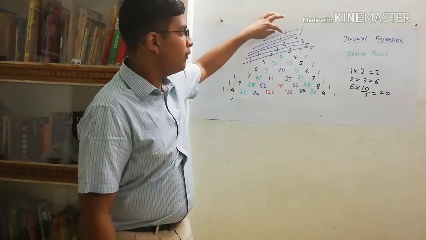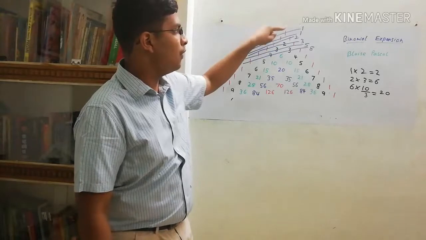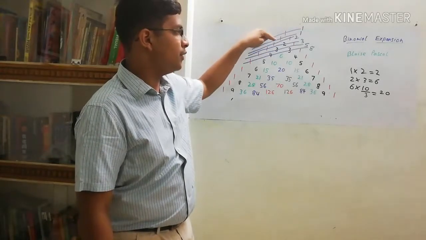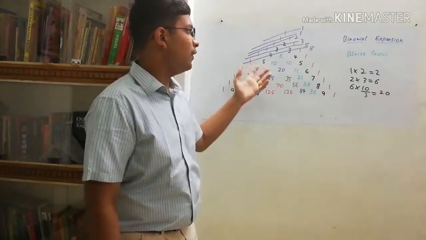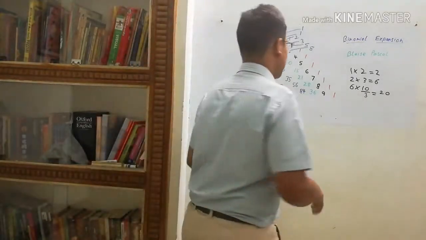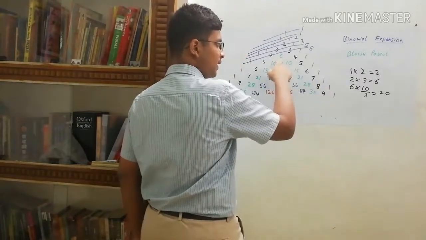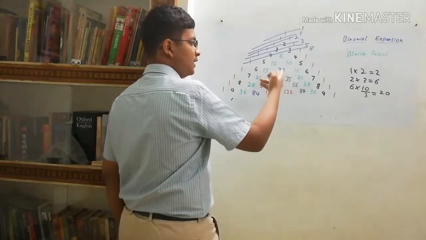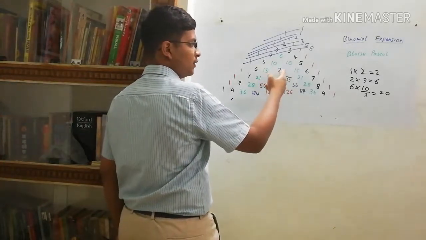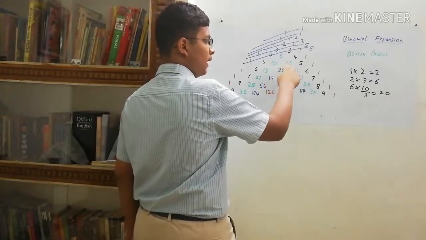1 into 2 is equal to 2. 2 into 3 is equal to 6. Now where does the next sequence go? So here comes 20. 20 is equal to 6 into 10 by 3. And so on. Let's see 70. 70 is equal to 20 into 35 by 10.